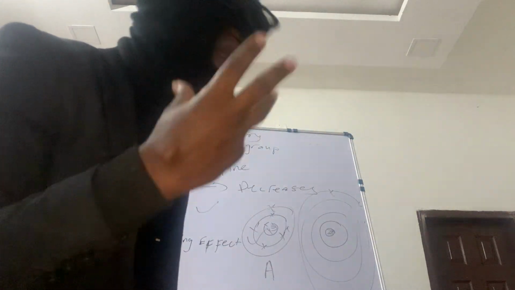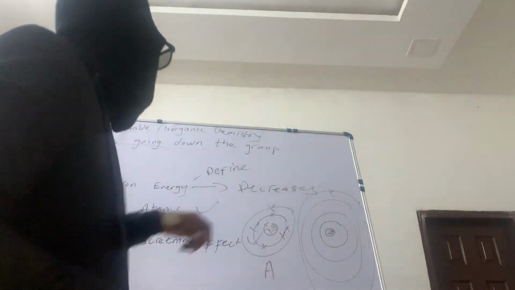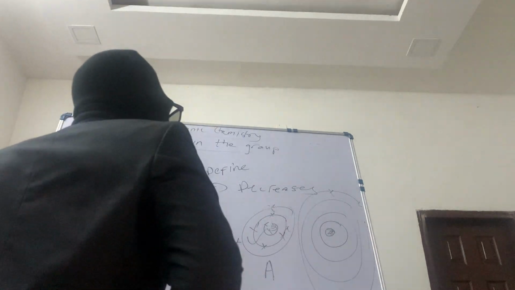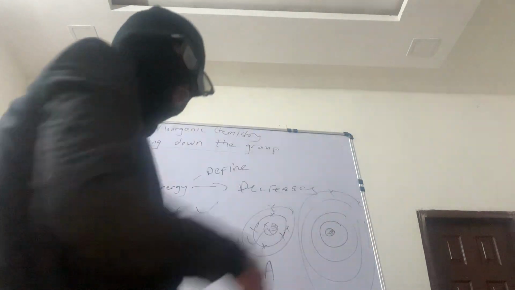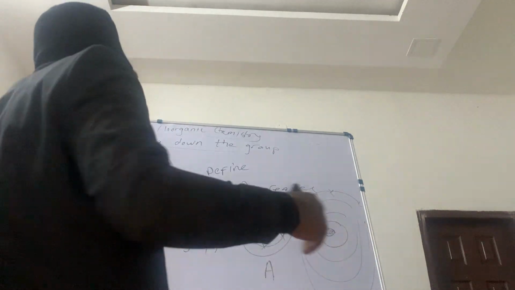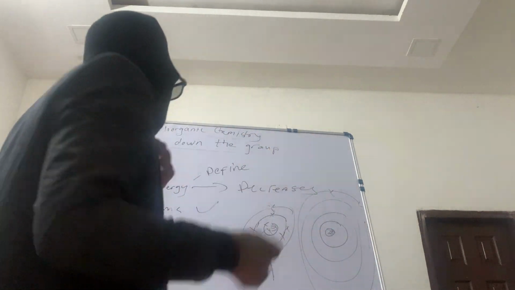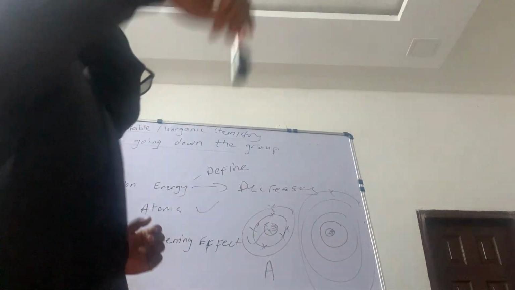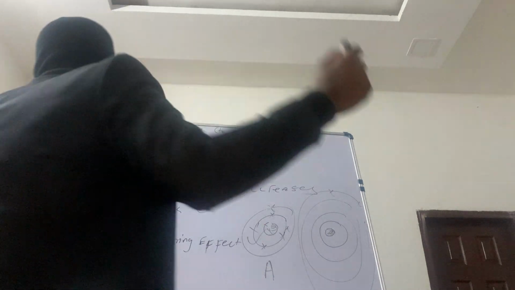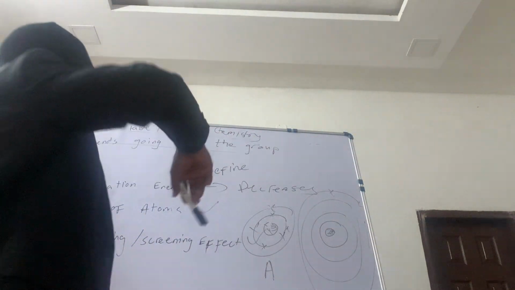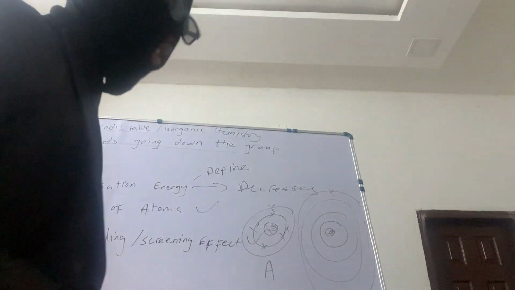Simply, we are now requiring less energy to remove this one, because it is like we are already trying to knock it out of the orbit. So generally, we are going to require less ionization energy. So in conclusion, ionization energy decreases as we go down the group because of the increase in the size of the atom and the increase in the shielding effect.